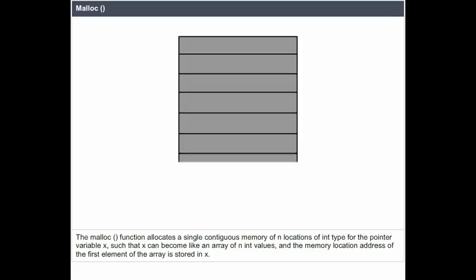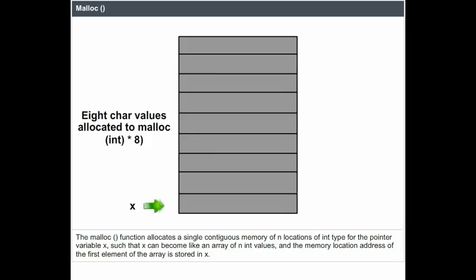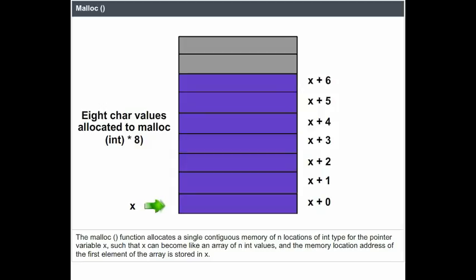The malloc() function allocates a single contiguous memory of n locations of int type for the pointer variable x such that x can become like an array of n int values, and the memory location address of the first element of the array is stored in x.